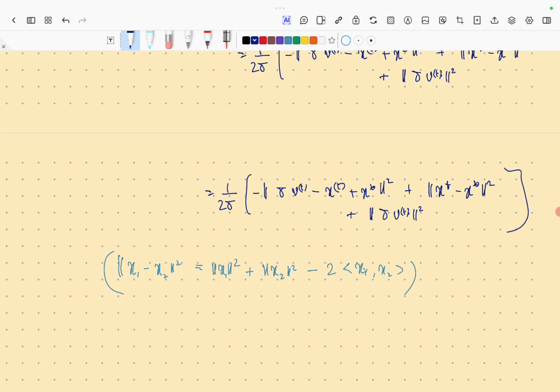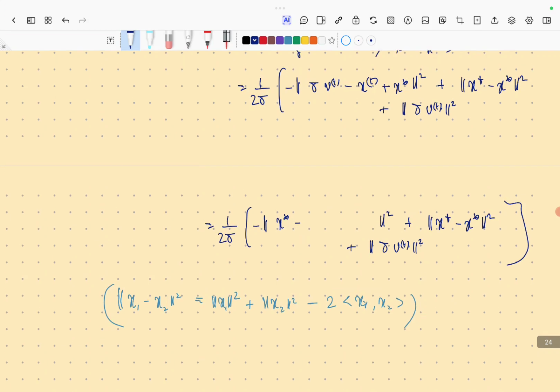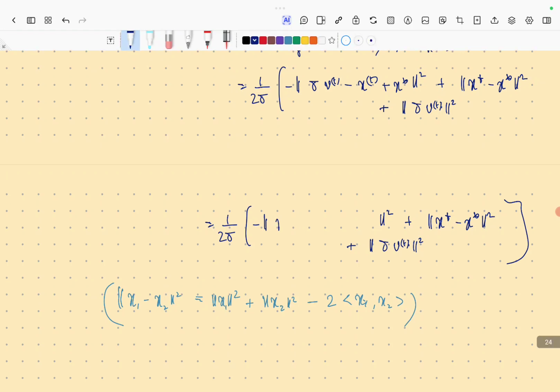Okay, so I have this. I basically want to rewrite this in the following way. So this is x star, or I want to write this as norm xt minus delta vt minus x star squared, because norm x squared is the same as norm of minus x squared.